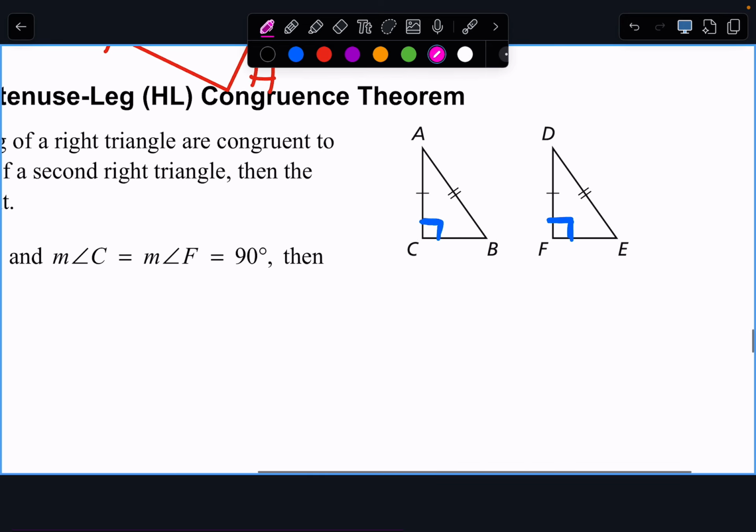Number 2, just 1 pair of legs need to be congruent. Number 3, the hypotenuses need to be congruent. In a right triangle, hypotenuse leg. Hypotenuse leg.